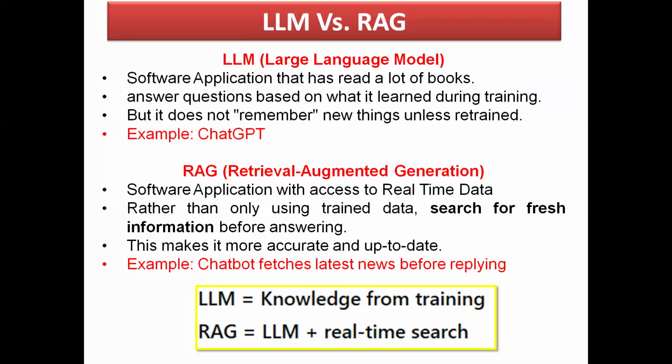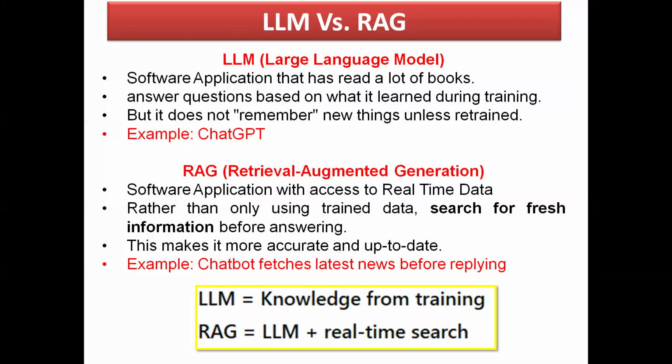But nowadays, you might have seen that when we search something on ChatGPT or Gemini, it extracts real time data also. For example, I am asking about recent news, some particular sports activity, some international relations. In that case, first of all, it will search the data from its LLM, the large language model.